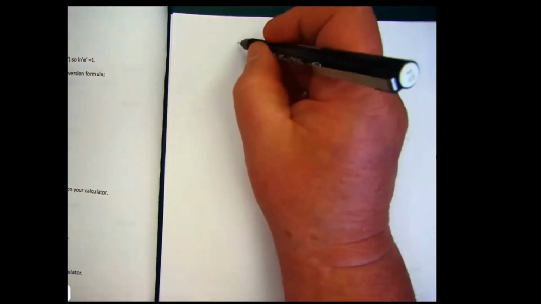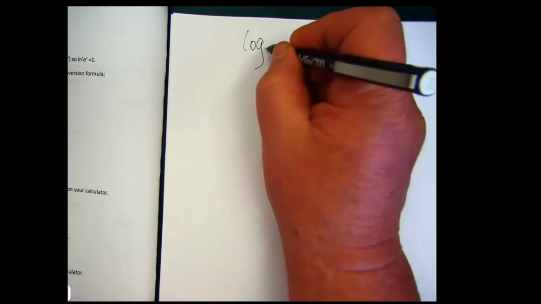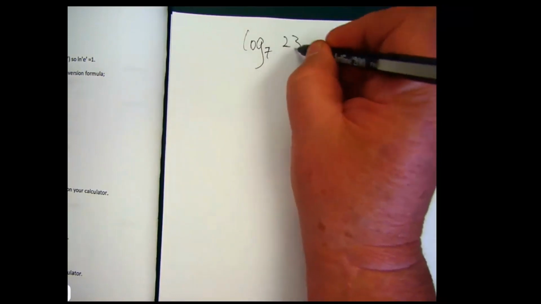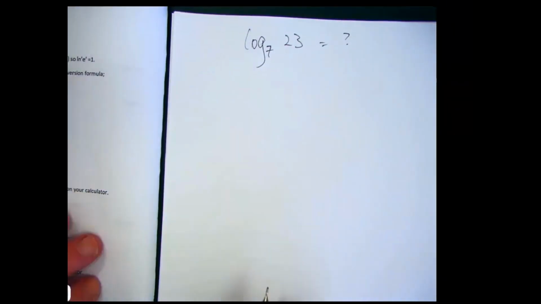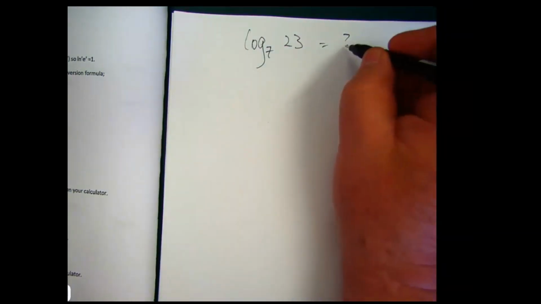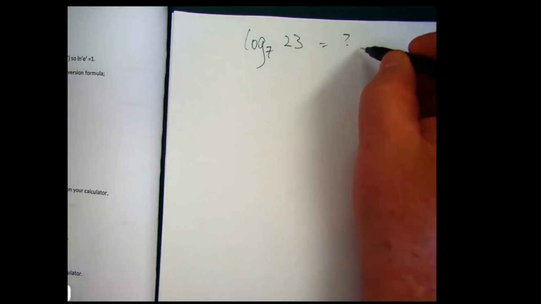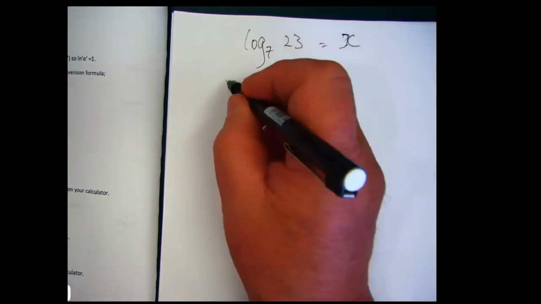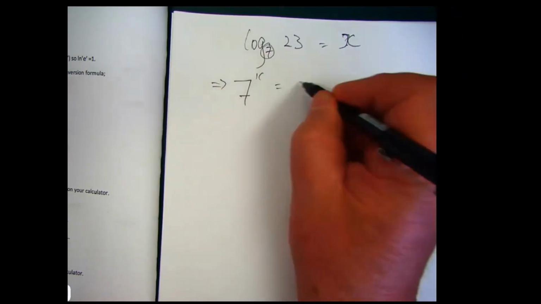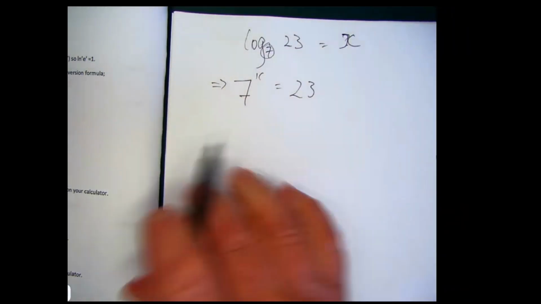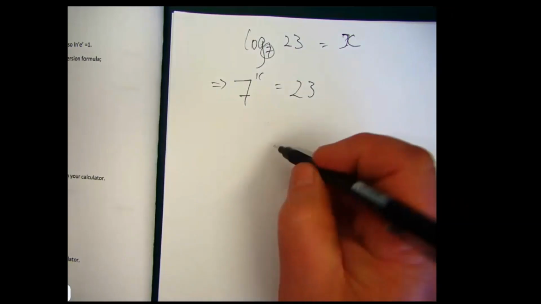Supposing the lecturer gives you log base 7 of 23, what is that going to be? Effectively, if we let that equal x, then we can say 7 to that power x equals 23. So now we can do it.